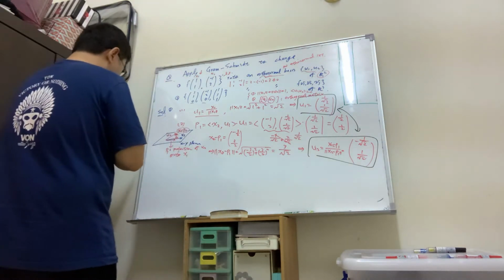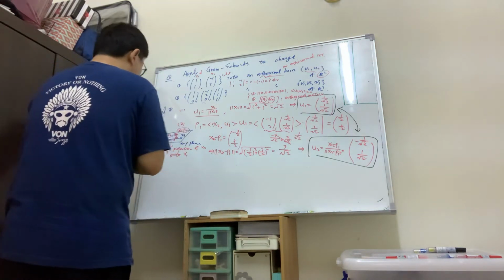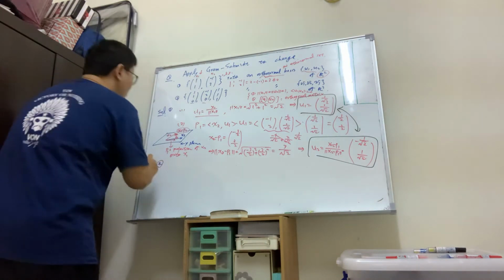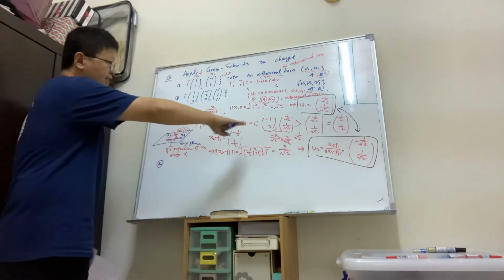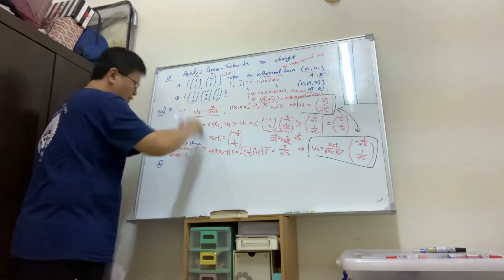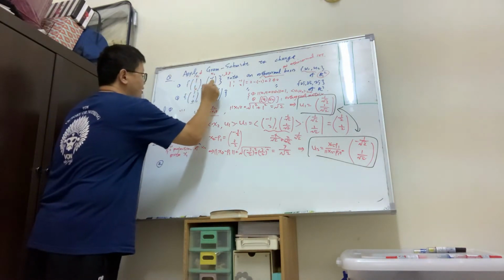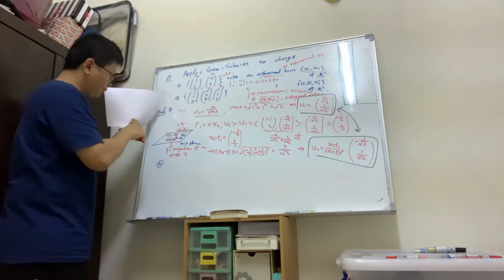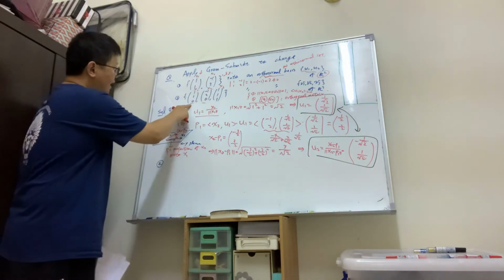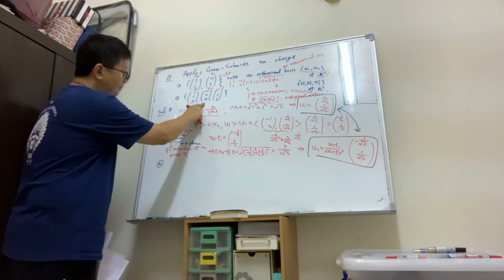For the second question, we still have the same process. We denote the vectors by S1, S2, S3. What's the difference? Just an extra component with 0.